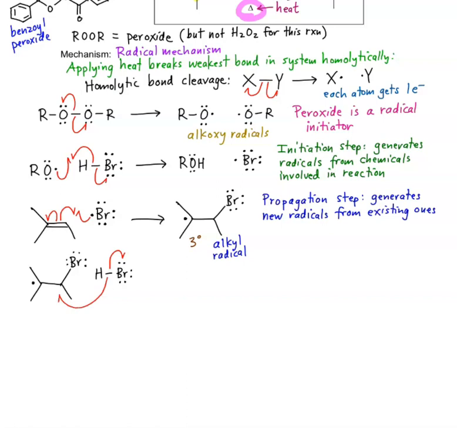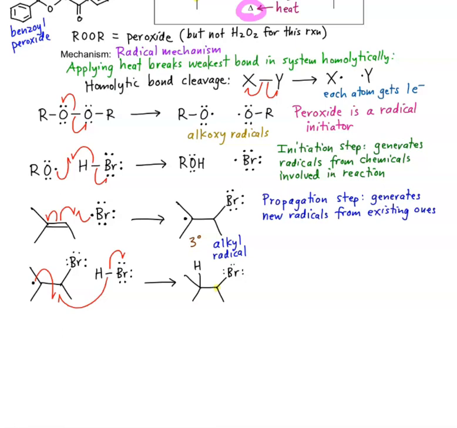So the bromine gets an unpaired electron, and the hydrogen gets an unpaired electron. And the hydrogen uses its unpaired electron to form a bond to the carbon that has the radical in the alkyl radical. So that gives us the product of the reaction.